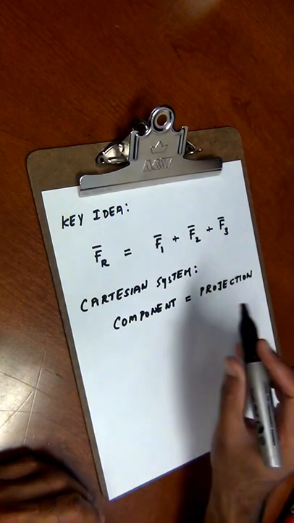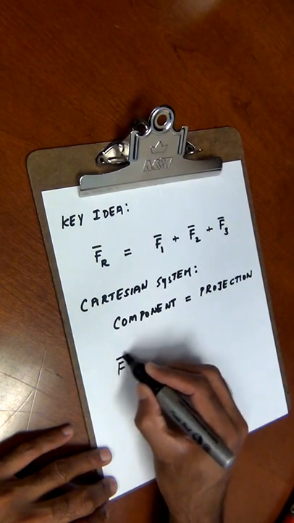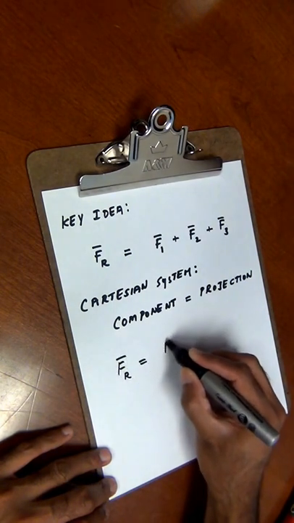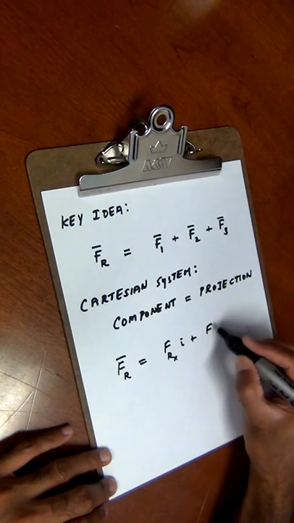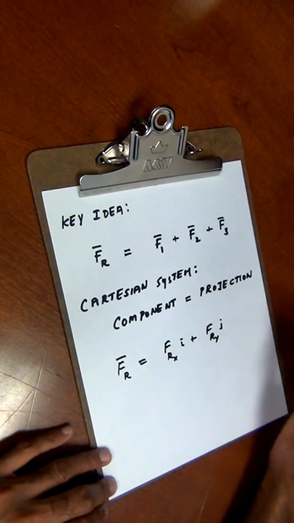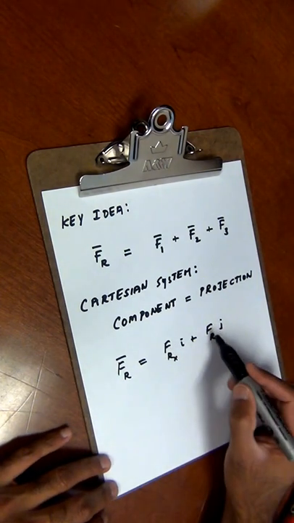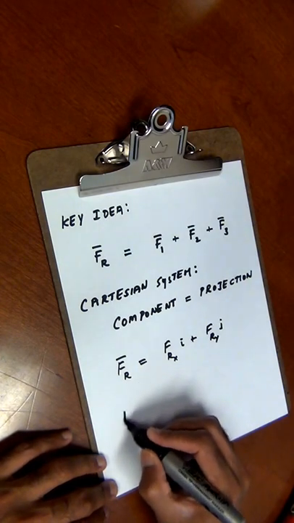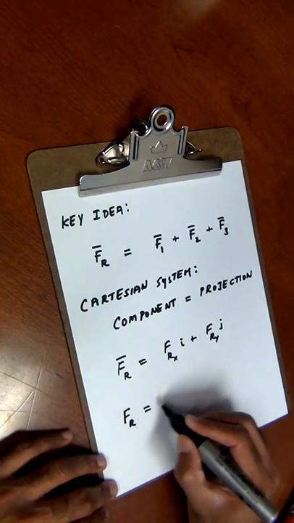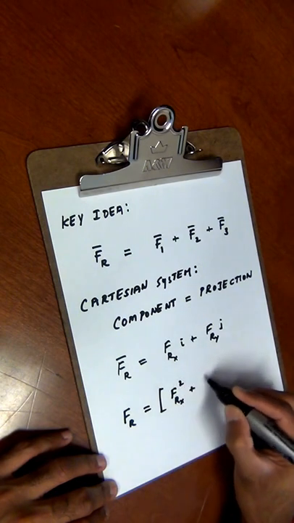Once we have the components, we can write out the vector Fr in terms of its x component and y component, where Frx is the x component of Fr and Fry is the y component of Fr. Then the magnitude is going to be the square root of the sum of the squares of the individual components.